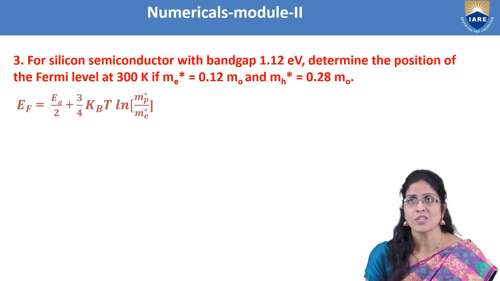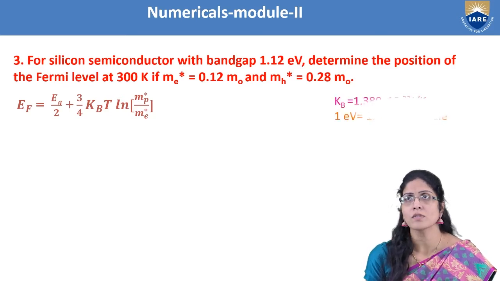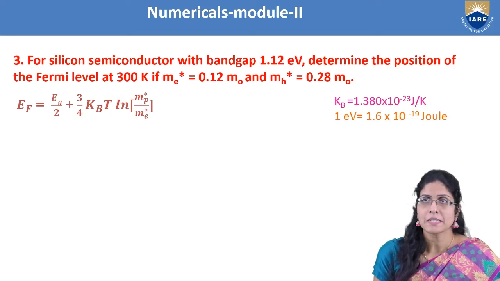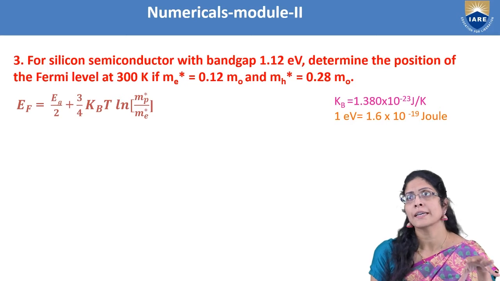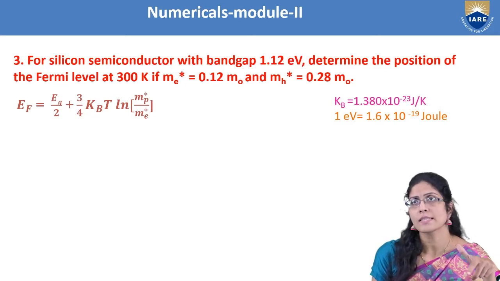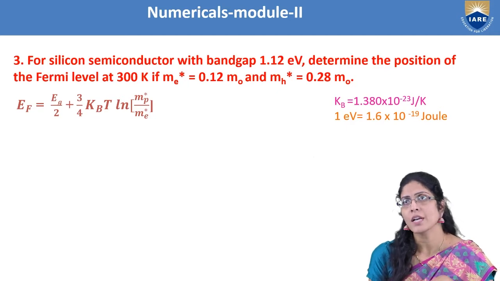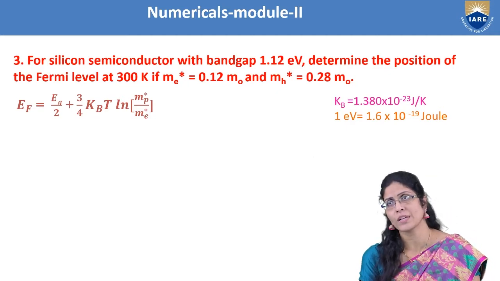So now Eg is what? 1.12 electron volt. And you can just substitute kB, you know all the values. But in the second term, it's better you convert the kB, which is in joules, to electron volt, because you are given Eg in terms of electron volt as 1.12.